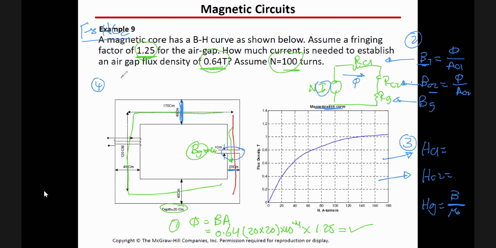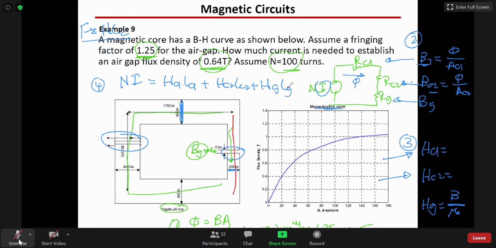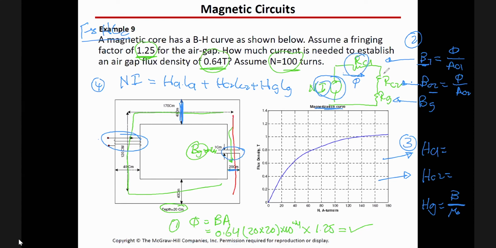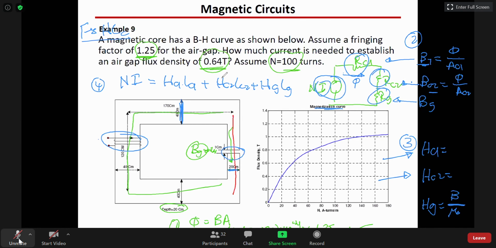So we can say that Ni equals HC1 LC1 plus HC2 LC2 plus HG LG, which is the KVL. You remember the KVL? What we are saying is that this voltage is the summation of this voltage plus this plus this.